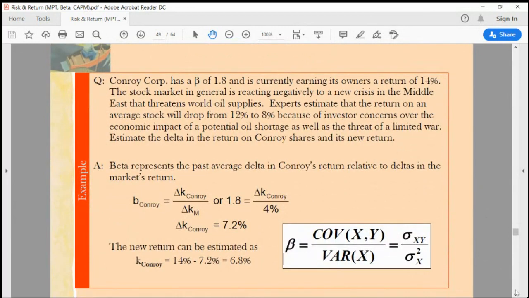I said systematic risk doesn't go away by diversification, but non-systematic risks can be diversified away.